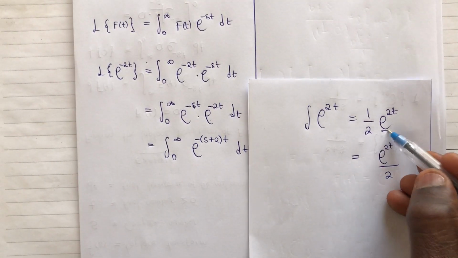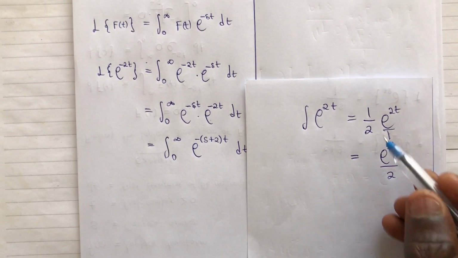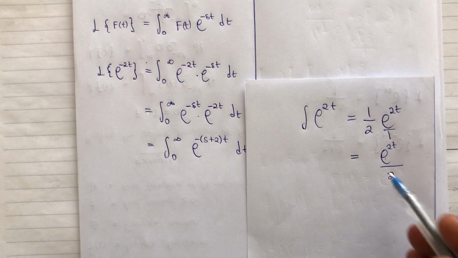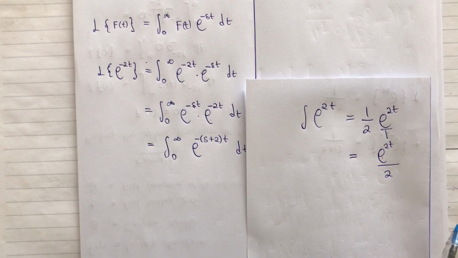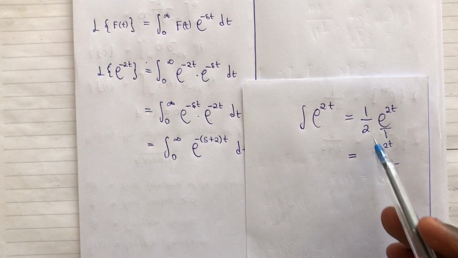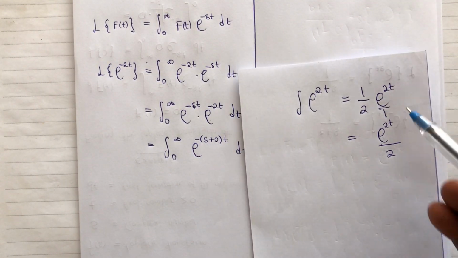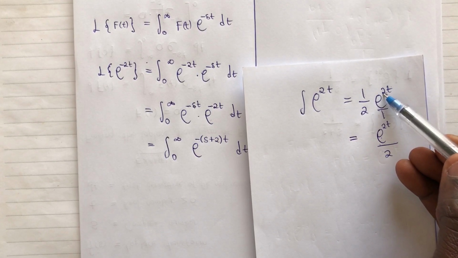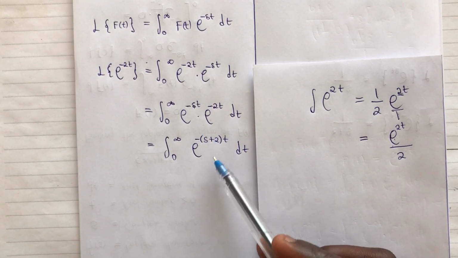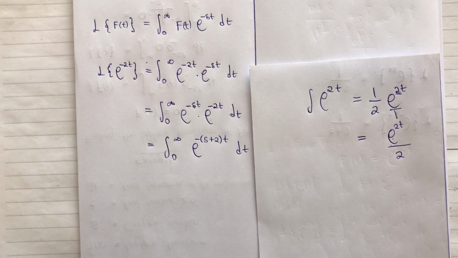Remember that this is over 1, so we are having a fraction. I just factorized 1 over 2 out, the same result. So if I have minus s plus 2 here, it is also serving as the coefficient of t. So 1 over that result, you raise to the same exponent.